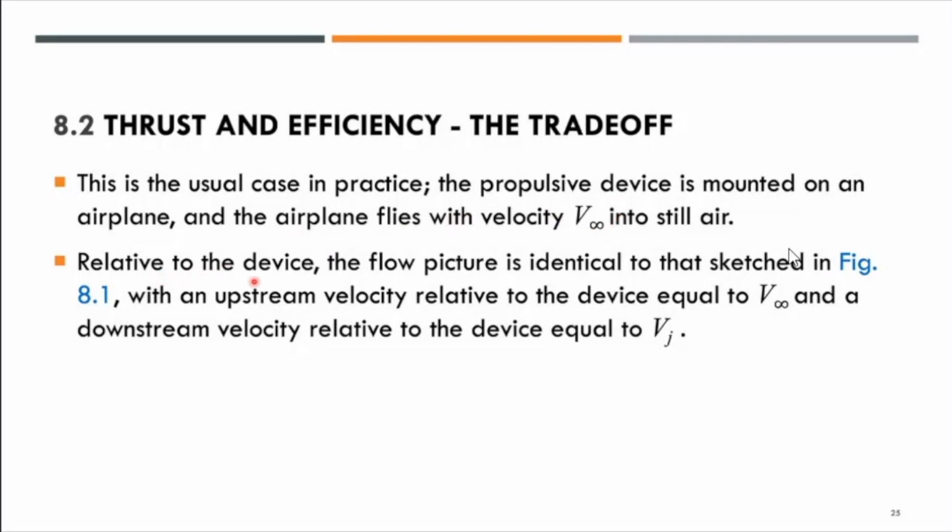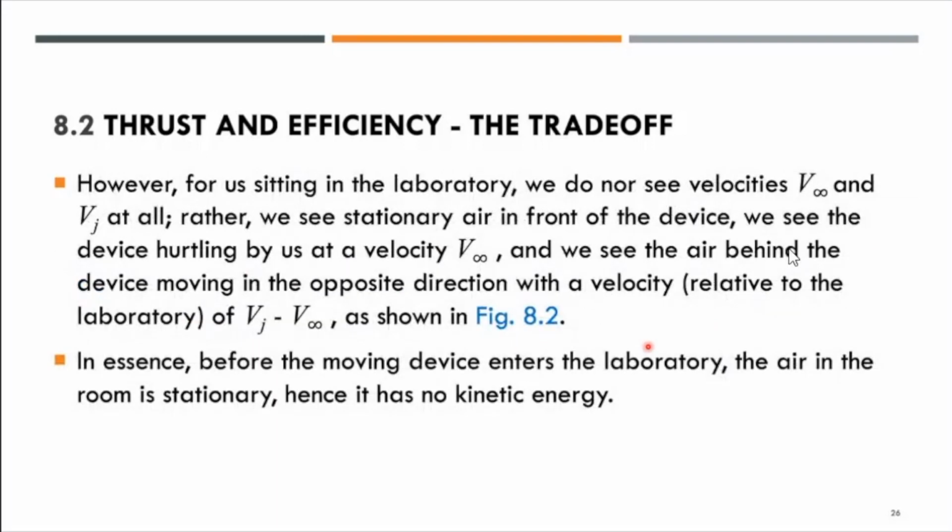Relative to the device, the flow picture is identical to sketch 8.1 earlier, with an upstream velocity relative to the device equal to v infinity, and a downstream velocity relative to the device equal to vj. However, for us sitting in the laboratory, we do not see velocities v infinity and vj at all.